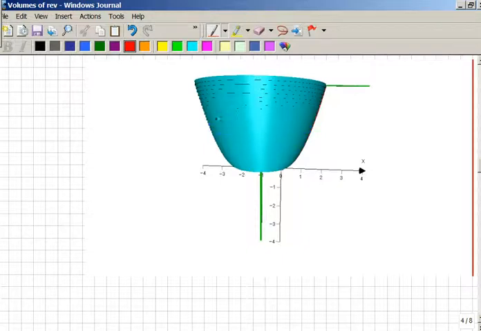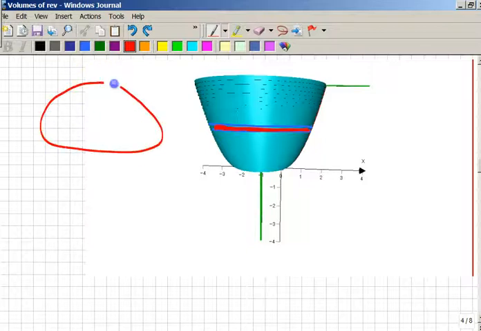Now that red slice is actually a washer. So let me take that off of there and give a crude rendition of what it looks like. There it is, very crude. But anyway, you get the idea that it's a thin washer, just like the first picture I showed you.